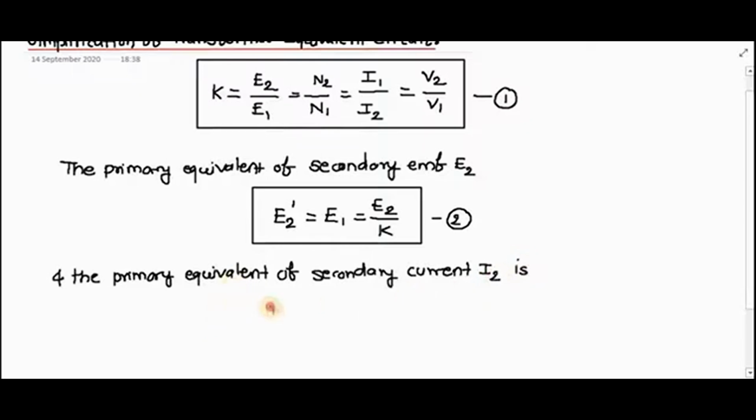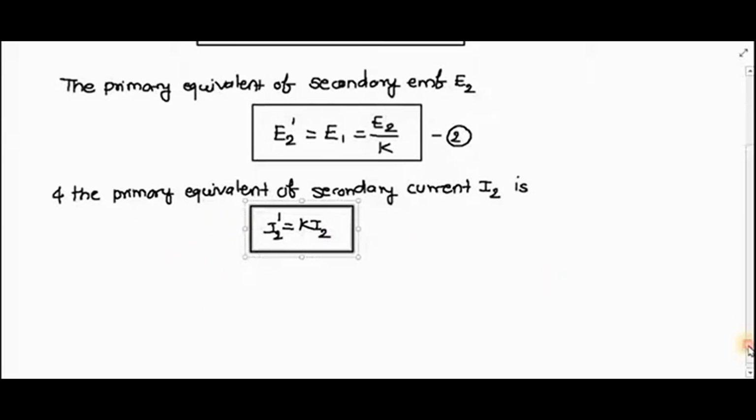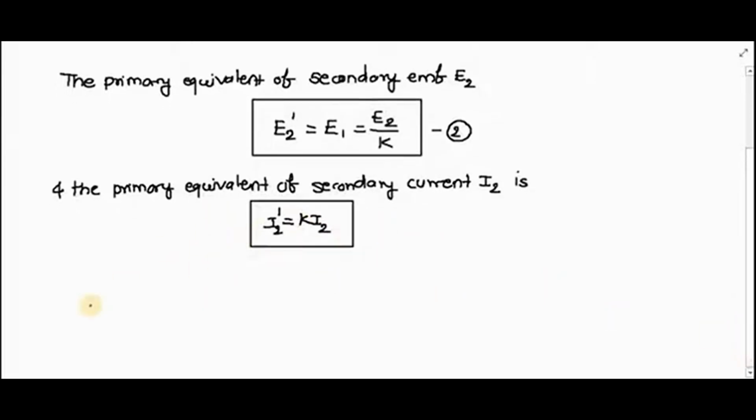We have seen that I2 dash equals K into I2. If I2 is transferred on the primary side, what is its equivalent current? It is I2 dash, so it gets multiplied by K. If you have to transfer the secondary current to the primary side, it should get multiplied by K.